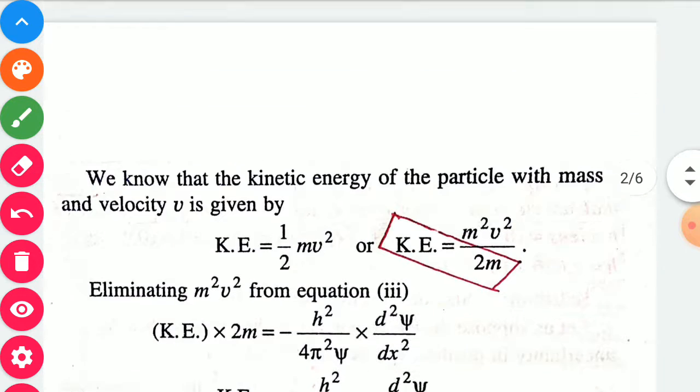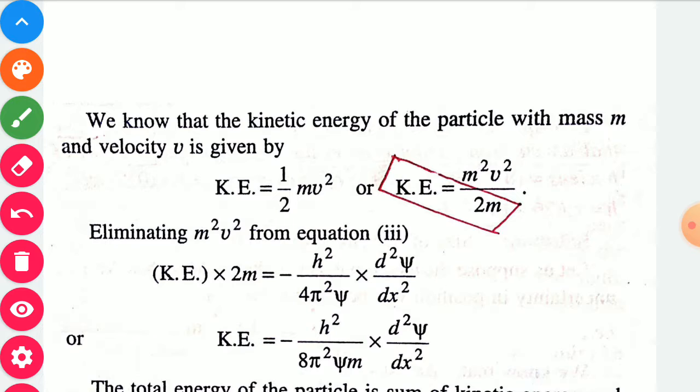As we know, the kinetic energy of a particle with mass m and velocity v is given as kinetic energy is equal to half mv square. From here we may take kinetic energy is equal to m square v square upon 2m.